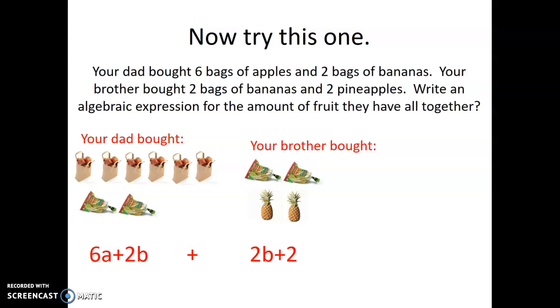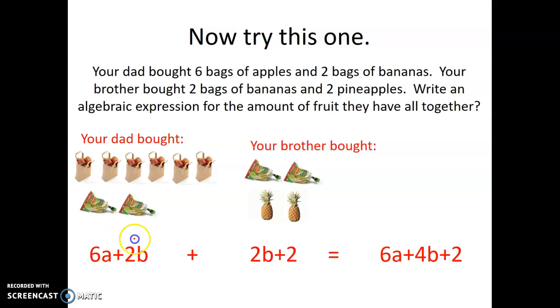Now, if I want to combine that, let's talk about what we have all together. How many bags of apples do we have? 6 altogether. How many bags of bananas do we have? 4 altogether. And how many pineapples do we have? 2 altogether. So if I were to combine that, I'd have 6A plus 4B plus 2.